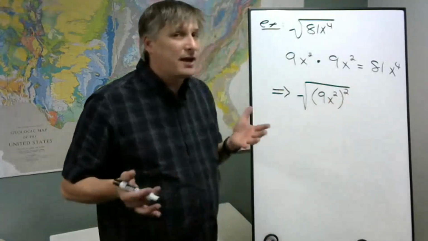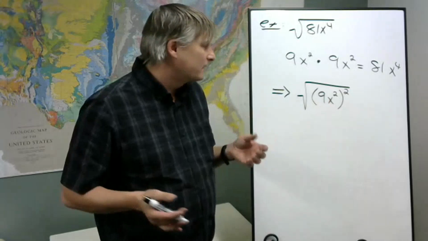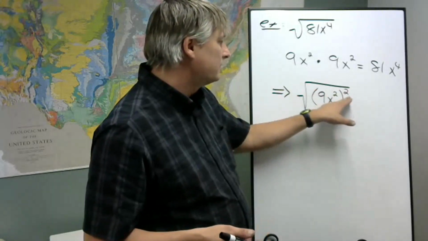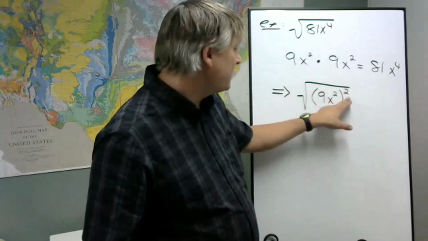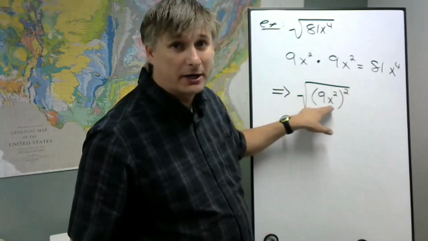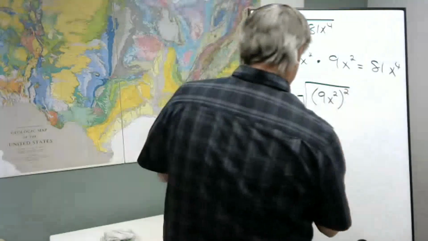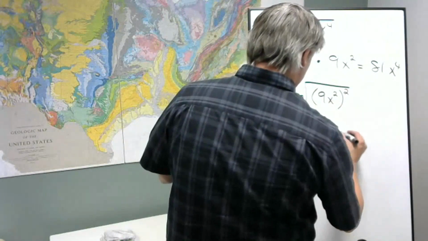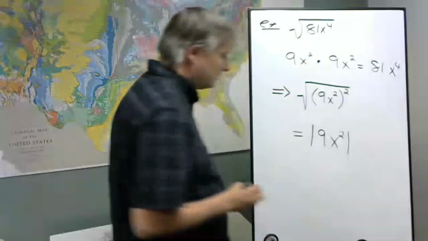And so now we use that trick with absolute value. You take the positive square root of something squared, it's equal to the absolute value of whatever's on the inside of the squaring. And this will be the absolute value of 9x squared.